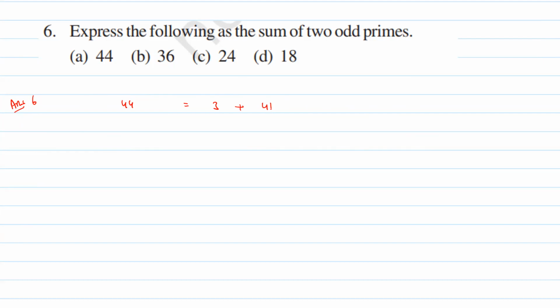Then we have to write 36 as the sum of two odd primes. It can be 17 plus 19.